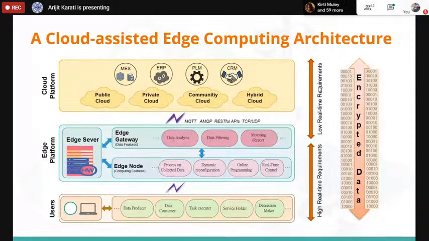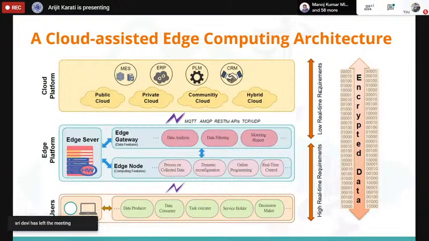So what is the benefit here? For example, a user or any sender or IoT device is sending data in a rapid manner, a bulk of data or huge data, to the cloud platform.